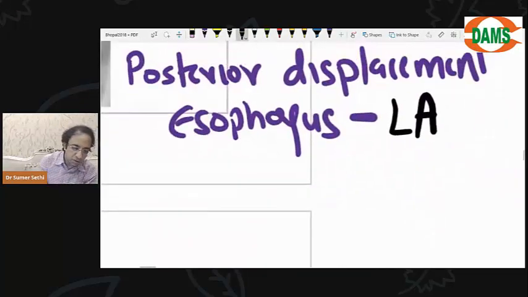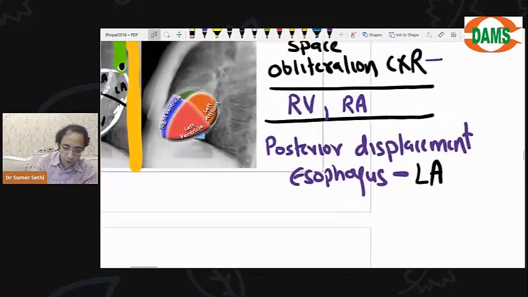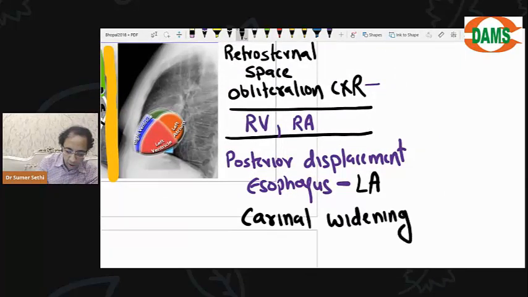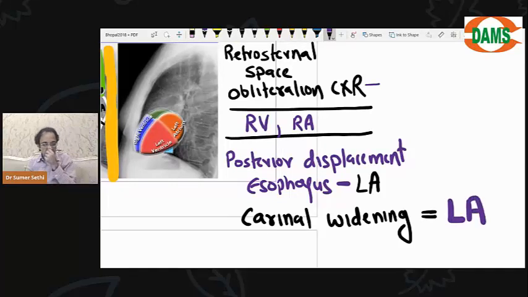Posterior displacement of esophagus is because of left atrial enlargement. Very good. And if I now say carinal angle widening is due to which cardiac chamber enlargement? So carinal angle widening is again due to left atrial enlargement.